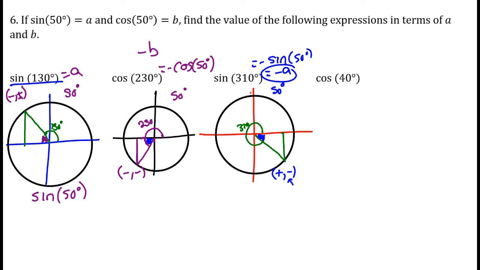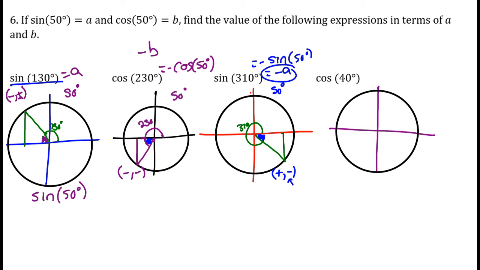And finally, this last one is a challenge question, the cosine of 40. There's my unit circle. There's 40, but I don't know anything about 40. I know things about 50 degrees.